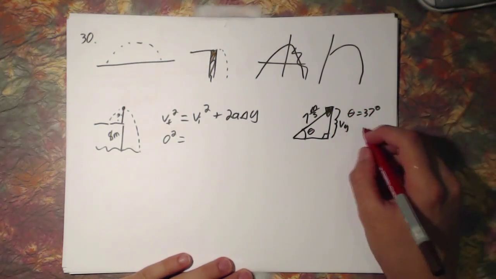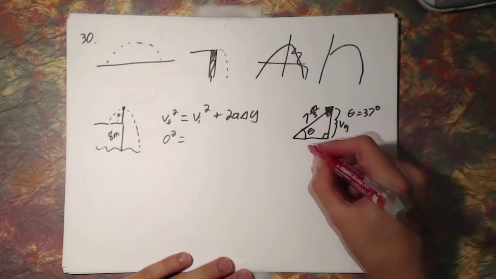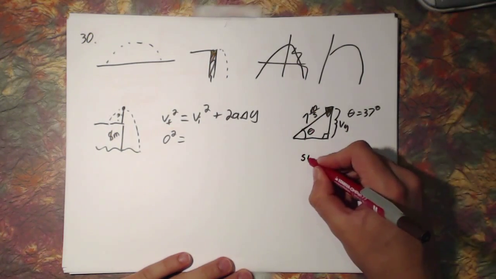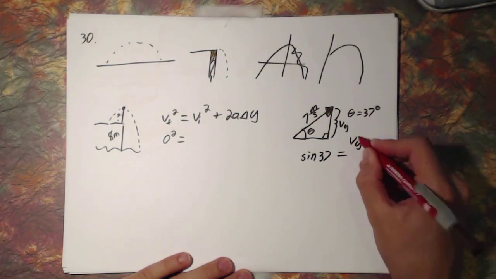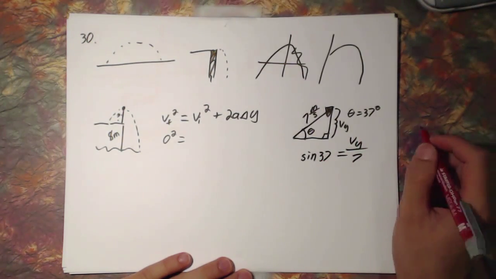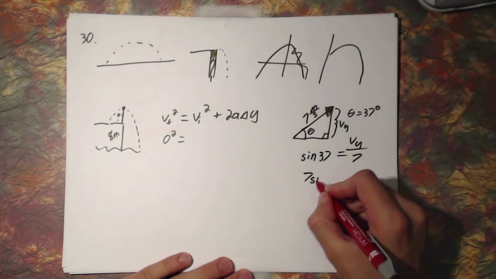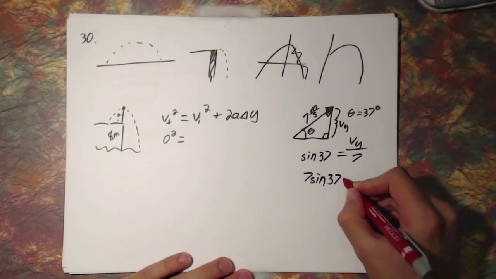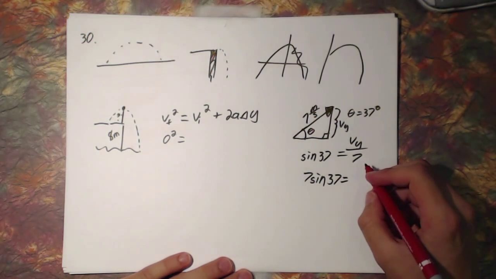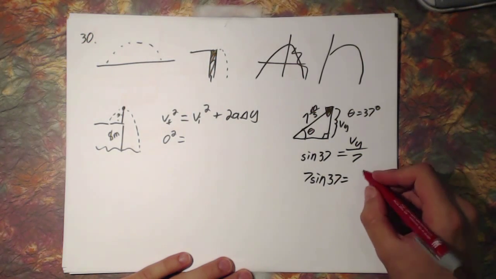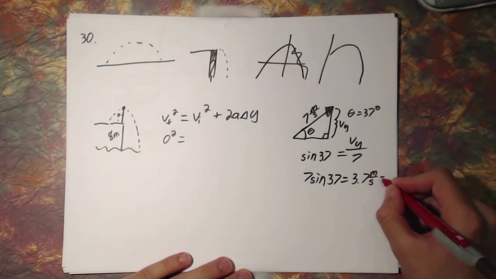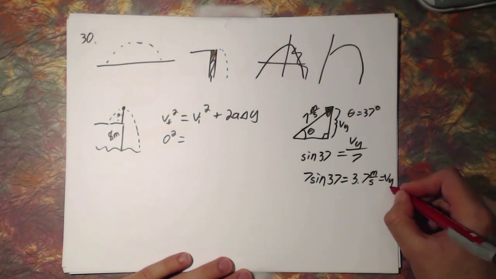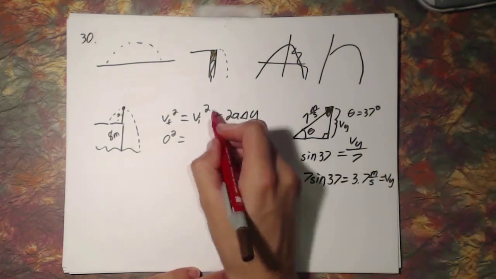To do that, we're going to use the sine because it relates the opposite to the hypotenuse. So sine 37 equals vy over 7. So 7 sine 37 equals, what does it equal? 3.7 meters per second, which is our initial y velocity, which is what we're looking for here.